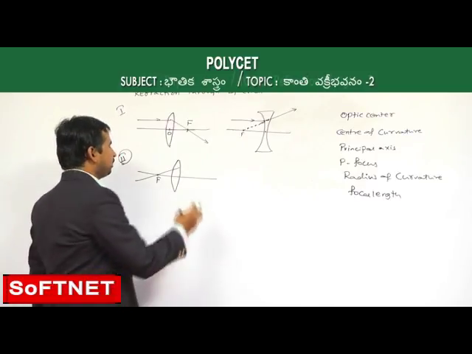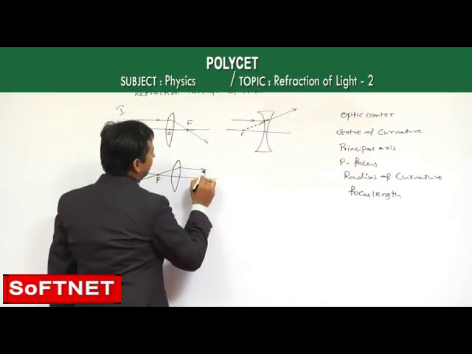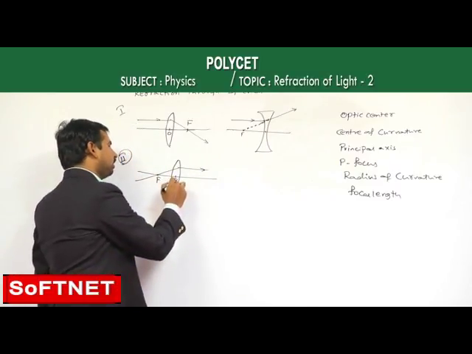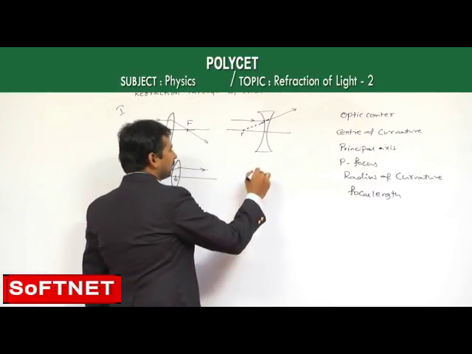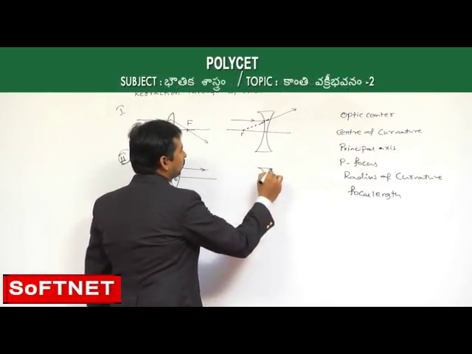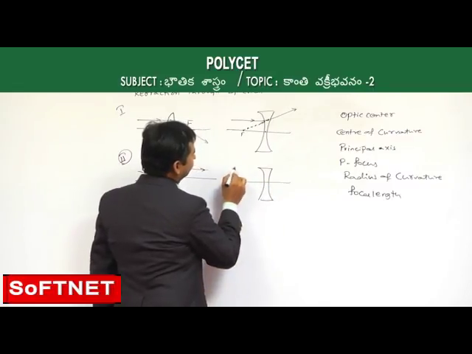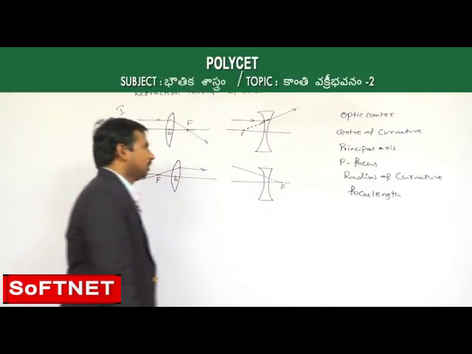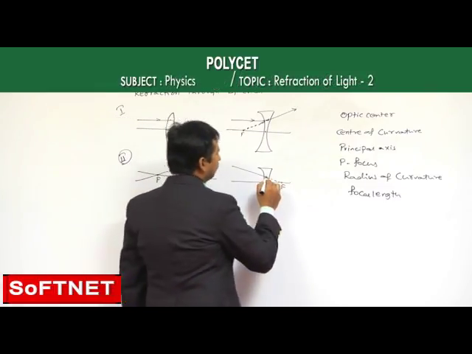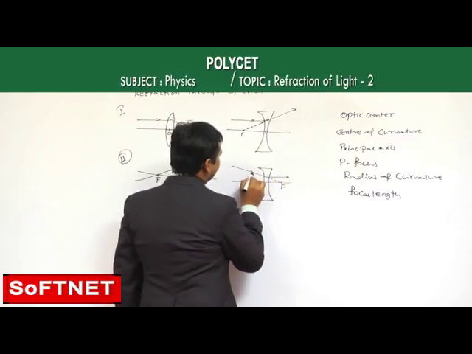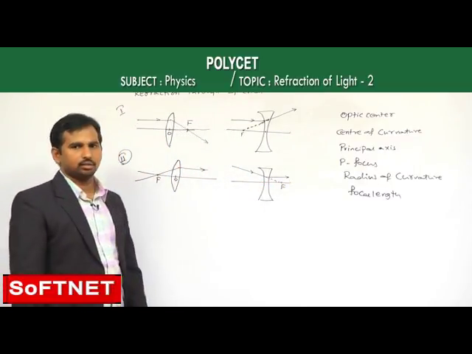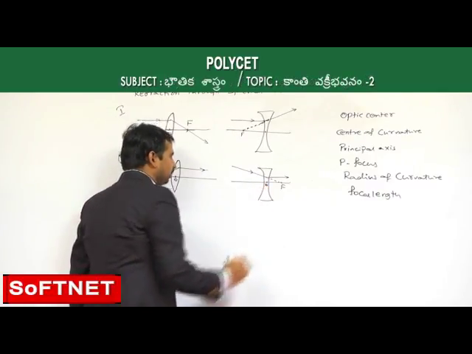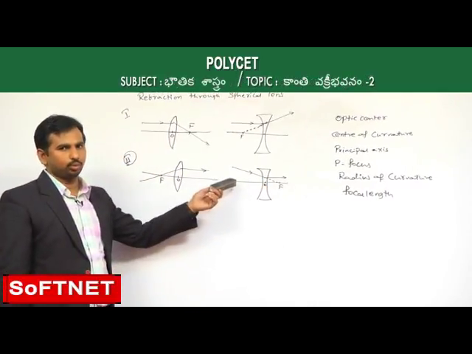Now the light ray is passing parallel to the principal axis, like this. And again, in case of a concave lens, as I said, it has a virtual focus. Like this. Then after refraction the light ray passes parallel to the principal axis, like this, as it is a virtual focus. And again this is the optic center. Okay, this is rule 2.